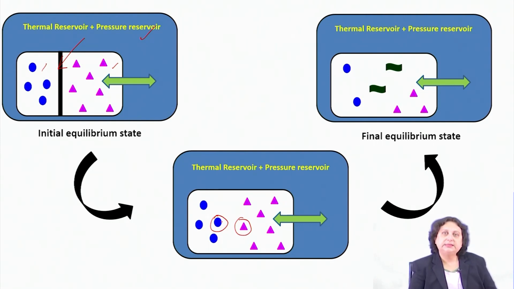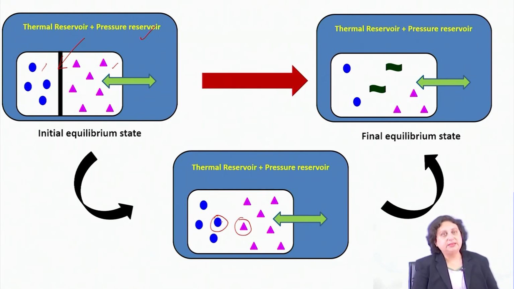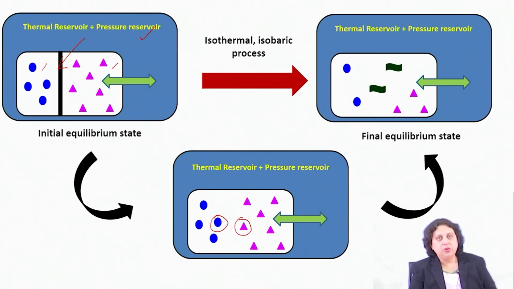Then what does the second law of thermodynamics tell us? It tells us that the final equilibrium state is once again maintained at the same temperature and the same pressure as the initial equilibrium state, but that this chemical reaction has happened, it is because in going from this initial equilibrium state to the final equilibrium state, you have carried out an isothermal isobaric process whereby there is a change in Gibbs free energy delta G_TP.